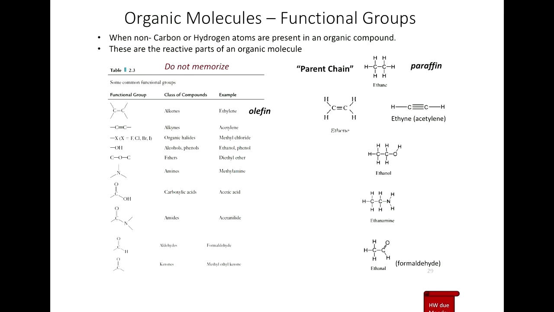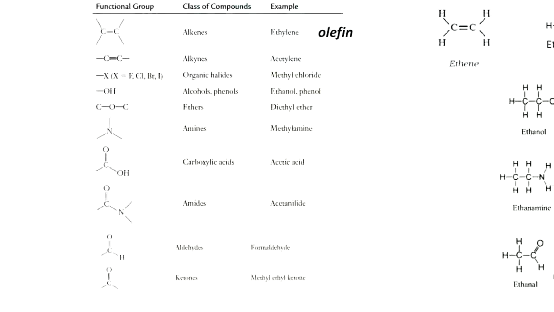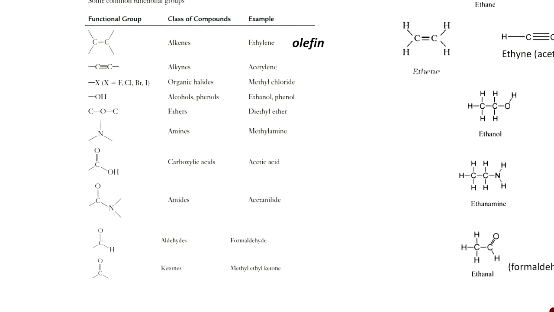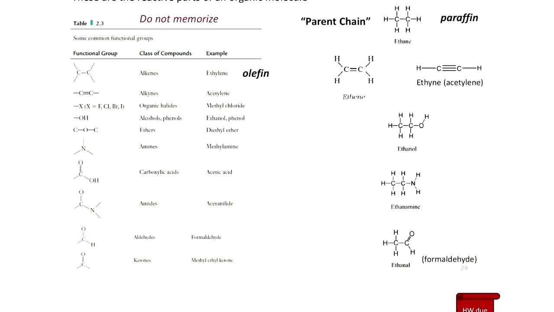I just wanted to show you, we talked about alkanes, so all carbons and hydrogens, but again, I mentioned that organic chemistry is this beautifully large topic where they look at a lot of different functional groups or groups of atoms. We have alkenes, alkynes, amines, carboxylic acids, all these things with different reactivities. Do not memorize these.